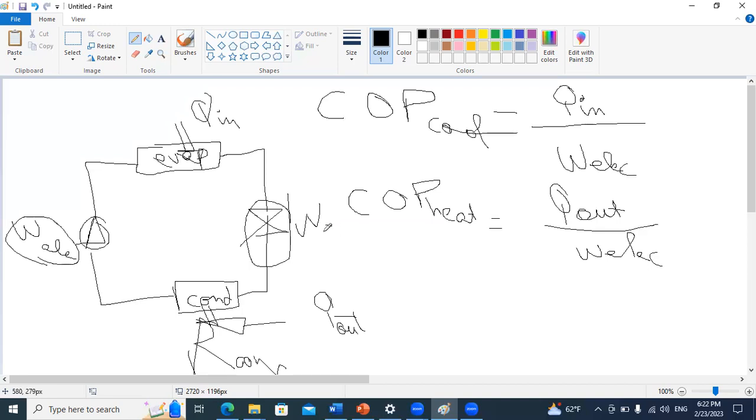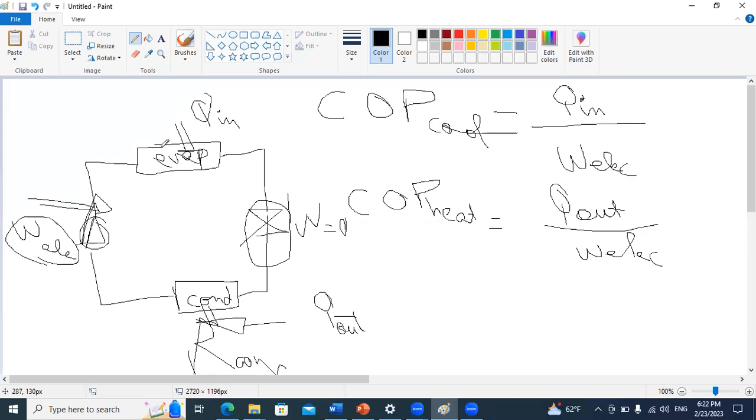And because W is zero in the throttling process, we can write the energy balance for this system. Let us see what is coming in. What is coming in to the system is W_electric, because I'm putting electrical work to operate the pump.